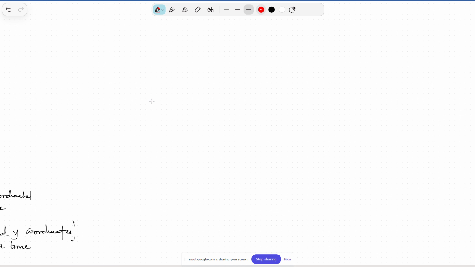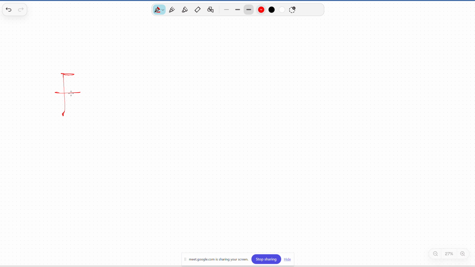In dynamics you want to study force, so you must be familiar with the force formula. The force formula is F equals ma, mass multiplied by acceleration. It is measured in newtons.